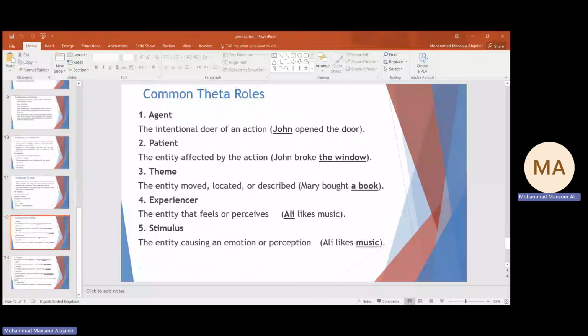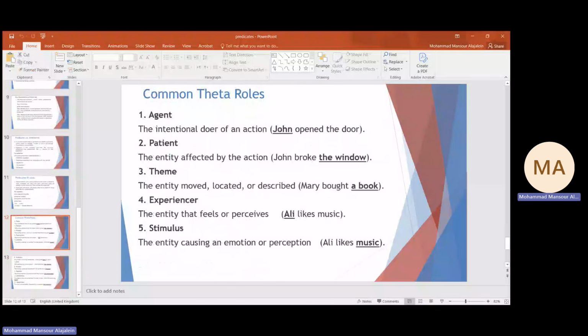And also we have recipient, and the recipient is the person or the entity receiving something. When I say John gave Mary a gift, Mary is the recipient, a gift is the theme, and John is the agent.